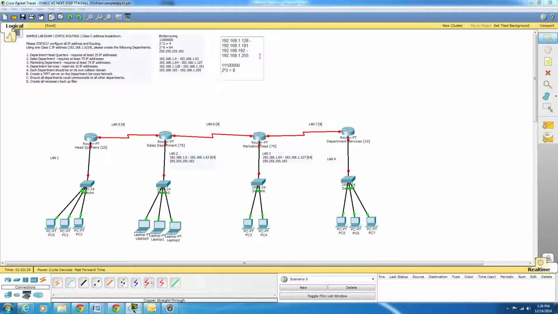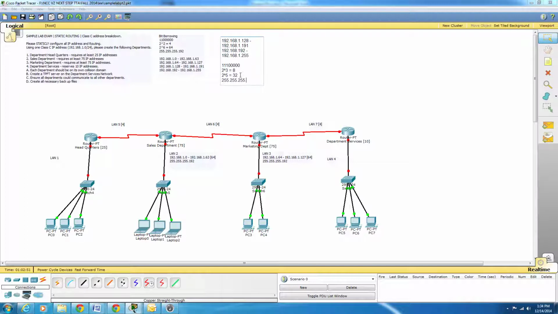And the zeros will represent the number of PCs in each segment, so that would be 2 to the 5, and 2 to the 5 of course is 32, and your subnet mask would be 255.255.255.